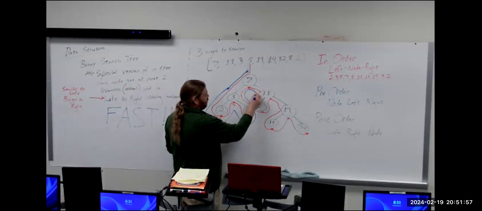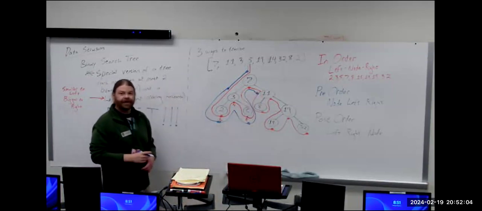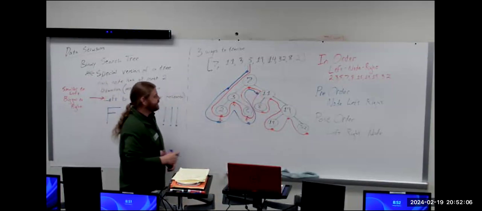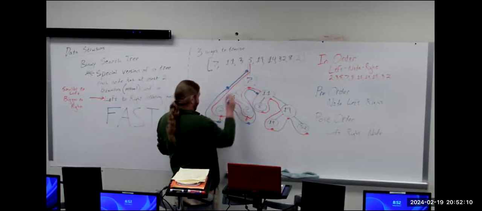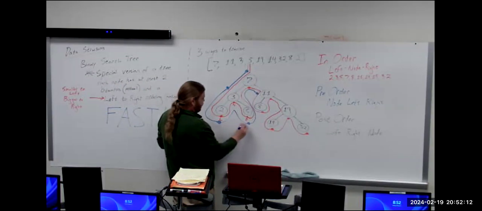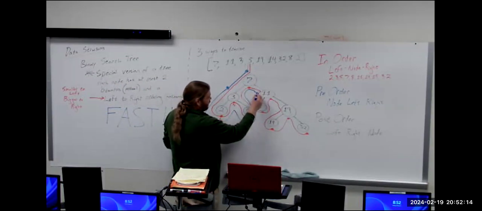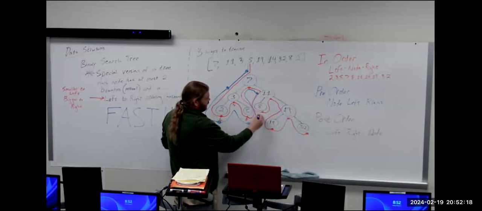As we come back around, we hit a node. So we need to grab that 11. Hopefully those dots are showing up on the picture, so you can see the order that we're getting them in. You can zoom in. Node. So now we go left and we hit a node.